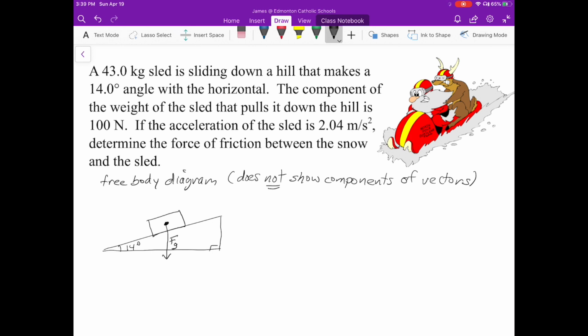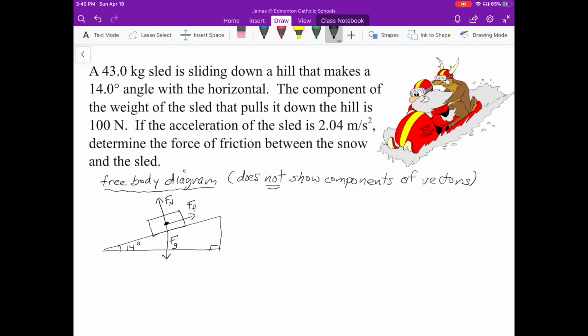The other forces acting would be the normal force exerted up from the surface, and then friction would act to slow it down like that. Okay, so that is our properly drawn free body diagram for this situation.